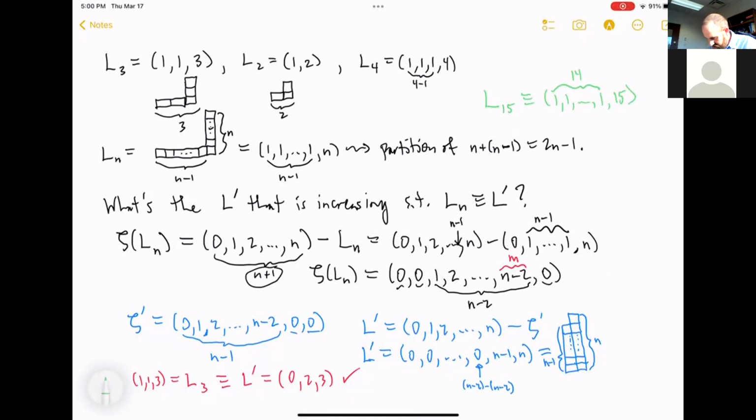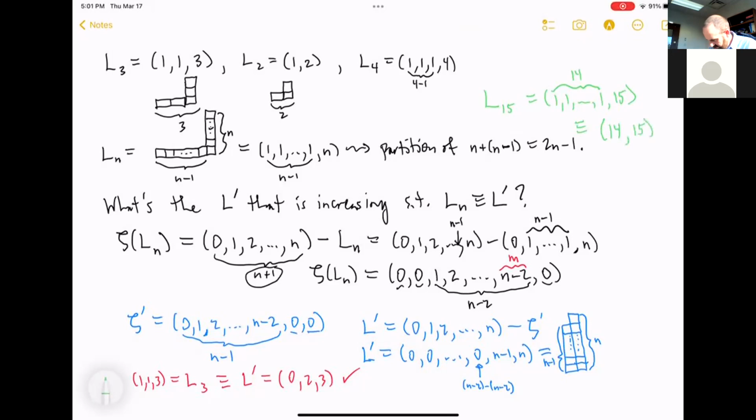Or sorry, that's not even Rook equivalent. That's just straight up equal. But what is this Rook equivalent to according to this? Well, according to this, you take those 14 things right there and you just stack them up right next to the 15. So this thing is Rook equivalent to 14, comma 15.